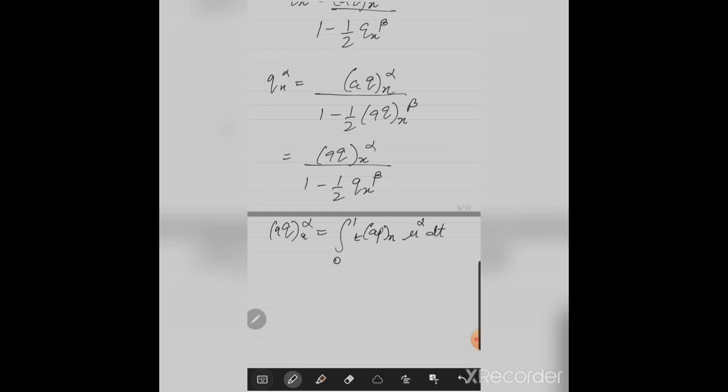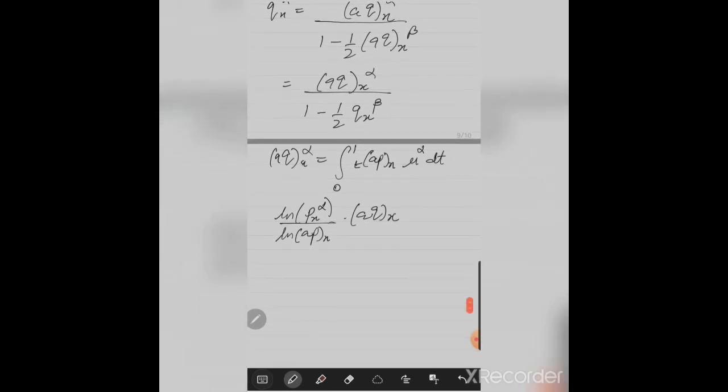If we are simplifying it, we will get it as the natural log of px alpha divided by natural log of apx times of aqx.